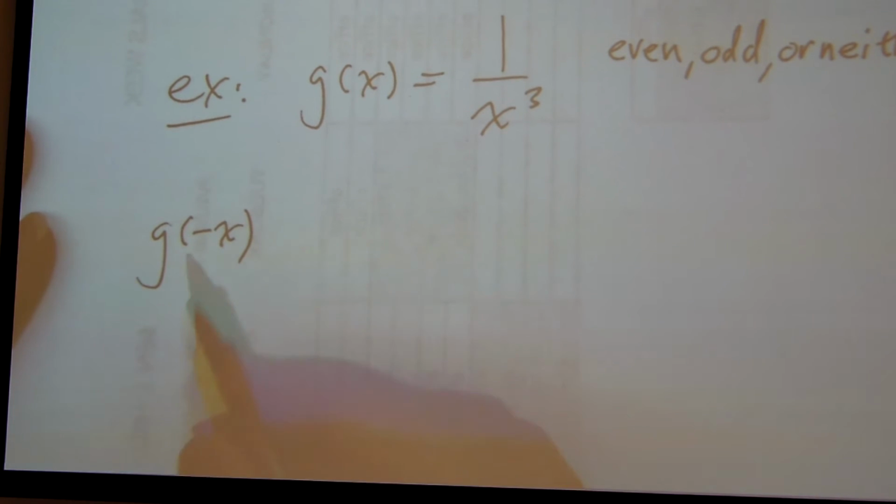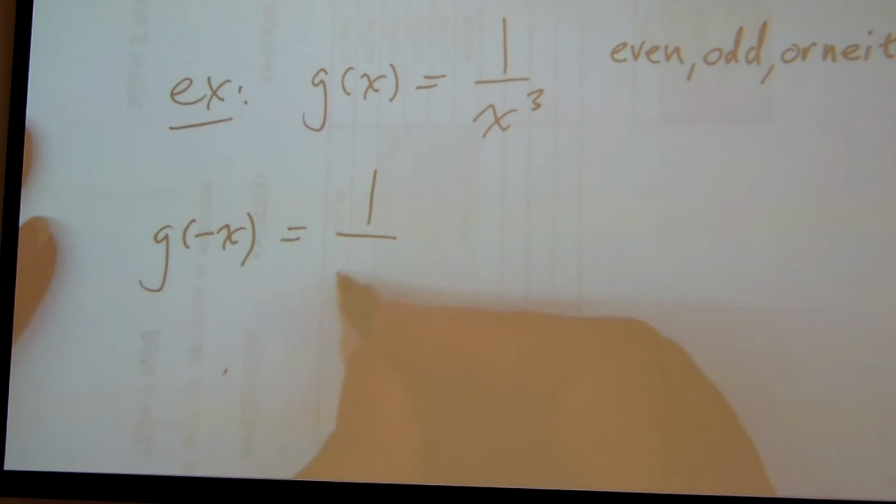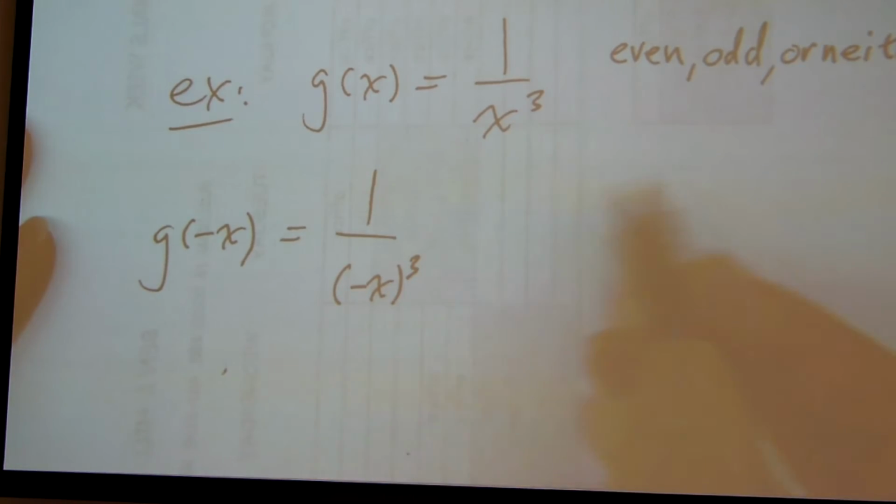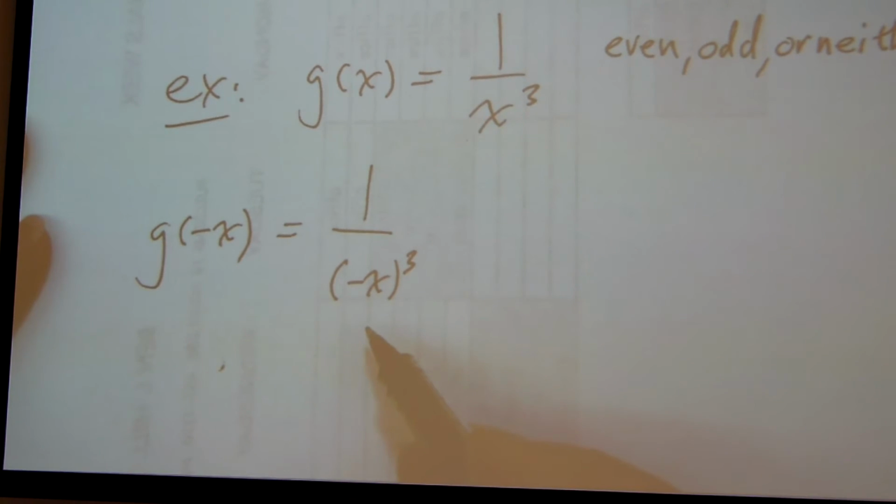So here I'm going to input opposite of x. Every place I see an x in the formula, I'm going to put in opposite of x. And then I'll simplify or clean this up if I can.